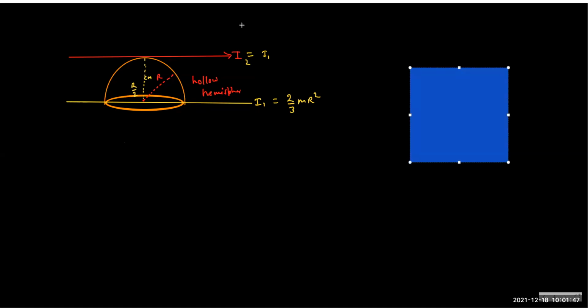It's a square lamina of side length a. And now I'm drawing the axis which is in the plane of the body, something like this.